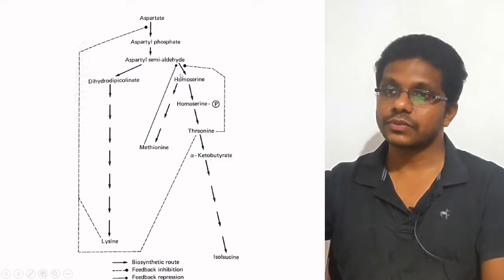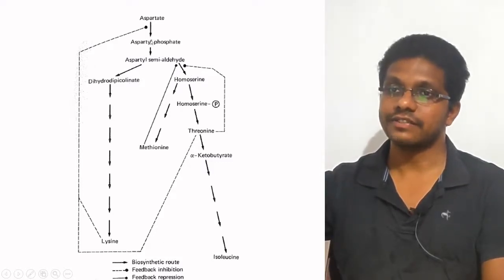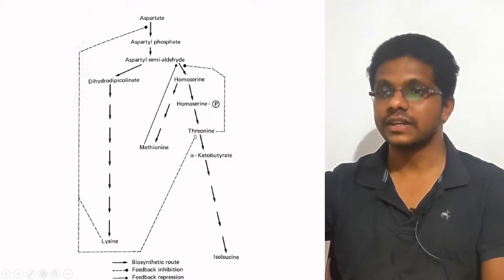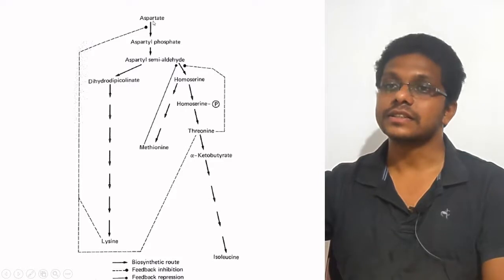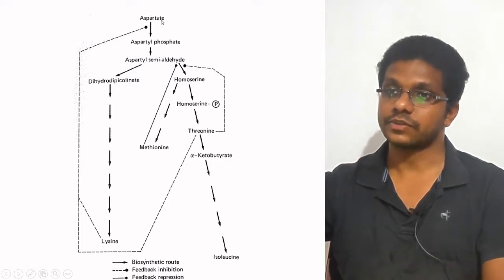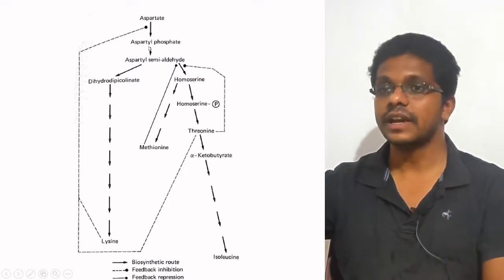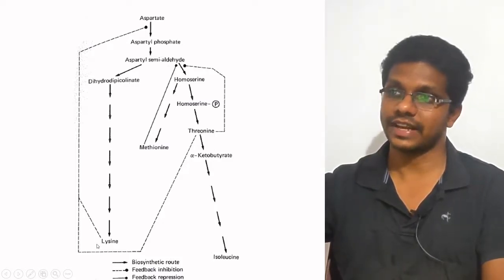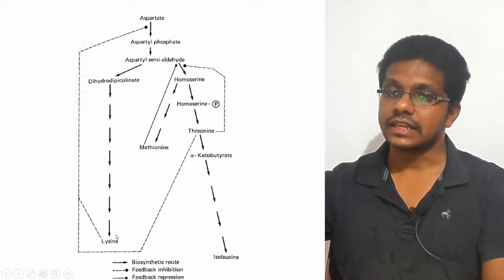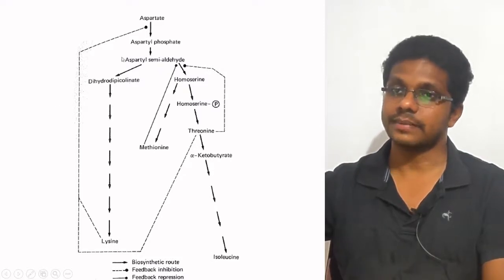Another use of this inhibition is that threonine is a feedback inhibitor of the very first step. So if threonine is not produced, if this pathway is blocked, the aspartate to aspartyl phosphate conversion will not be affected. Another thing I want, for an overproduction of lysine, is that lysine itself is a feedback inhibitor.